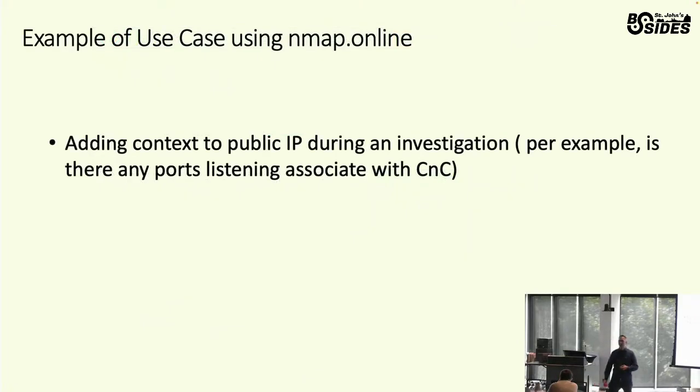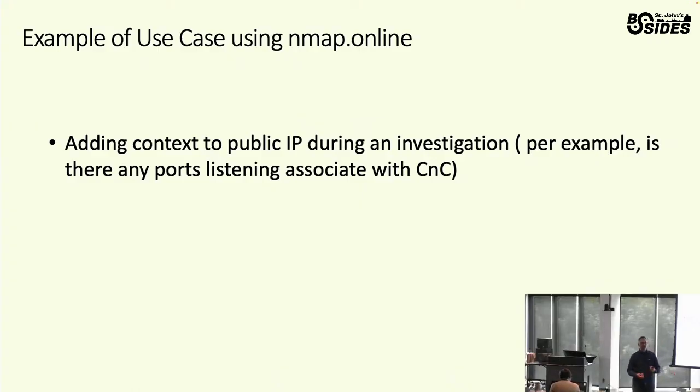Questions, comments? No? Okay. So is there any use case that we can tie to this? Of course. There's a couple of use cases. The one that I really like is to be able to add context about a public IP that is targeting you. Let's say you have multiple security incidents related to the same public IP.